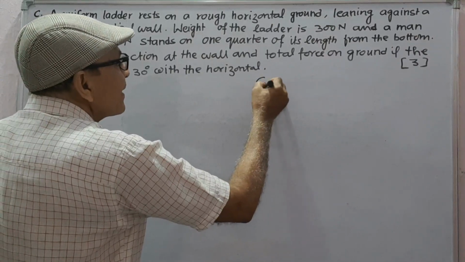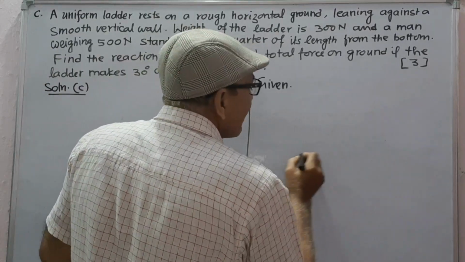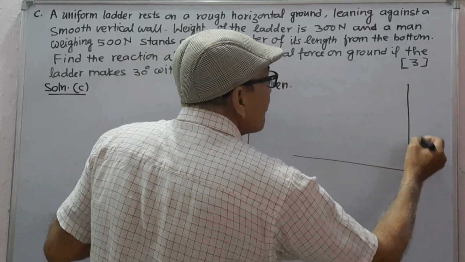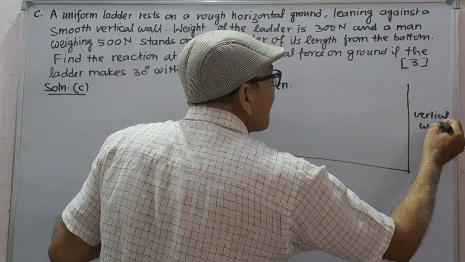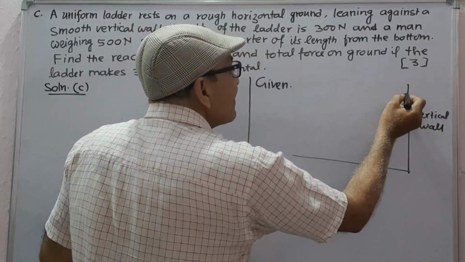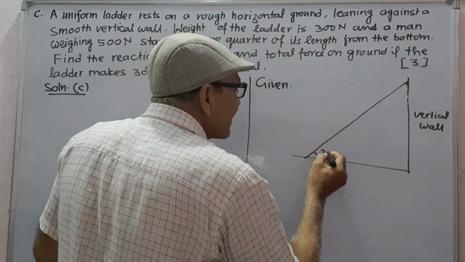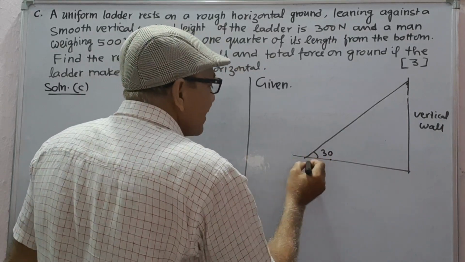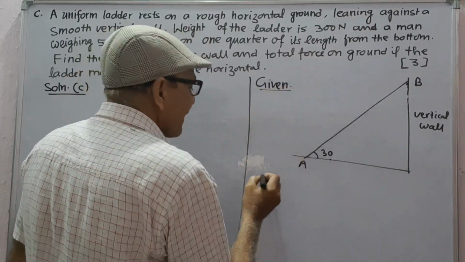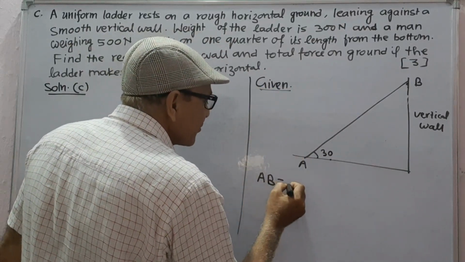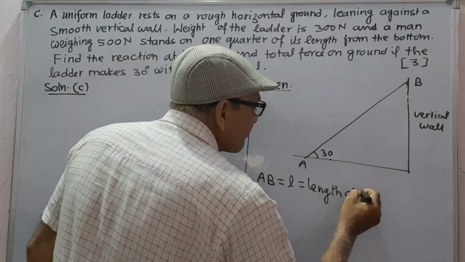Here given, suppose this is the vertical wall, this is the ground, and this is the ladder inclined at 30 degree with the horizontal. Suppose AB is the ladder, AB is equal to L, the length of the ladder.